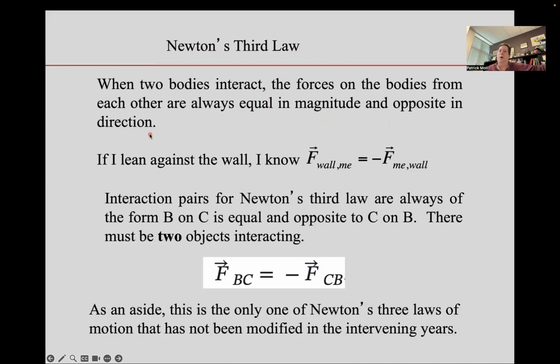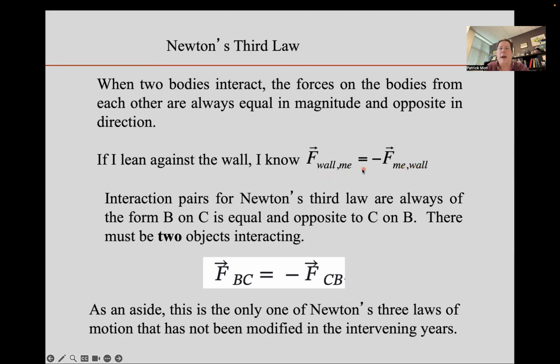So if I were to lean up against a wall, no matter how hard I pushed on the wall, I know the following is true: the force that I exert on the wall is equal and opposite to the force the wall exerts on me.